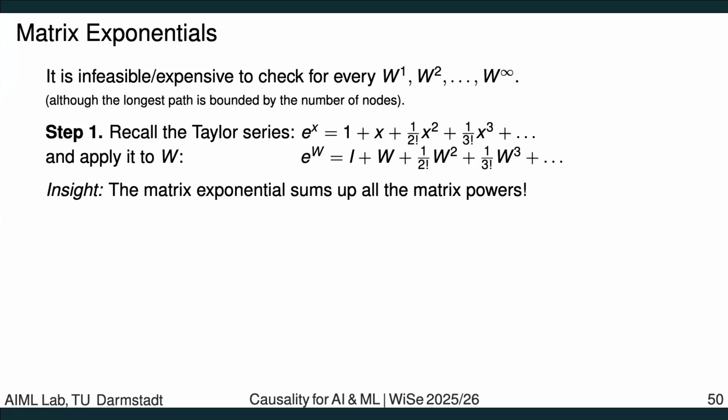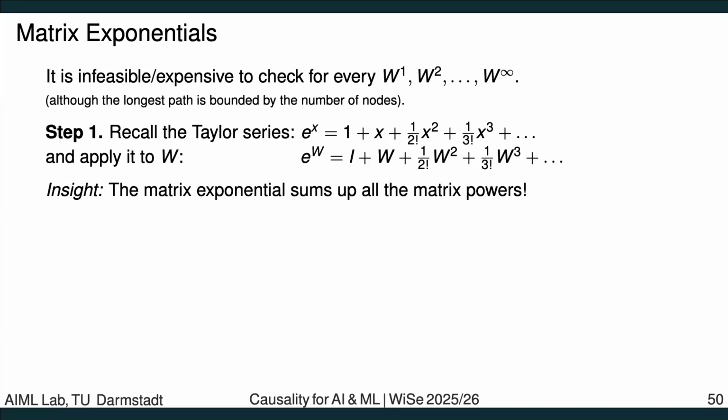So the idea is, and don't ask me how you get to this result, but if you consider the Taylor series of the exponential function, it expands something like this. And the same thing we can do to matrices. Instead of having real numbers there, we can plug in matrices, which then gives us this formula. And this is a matrix exponential.